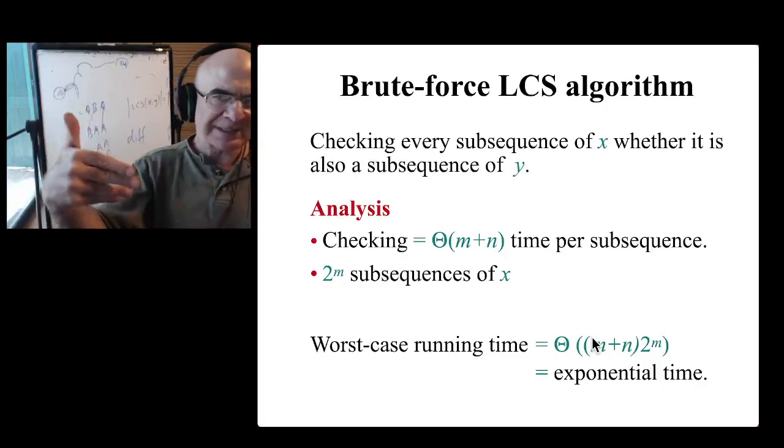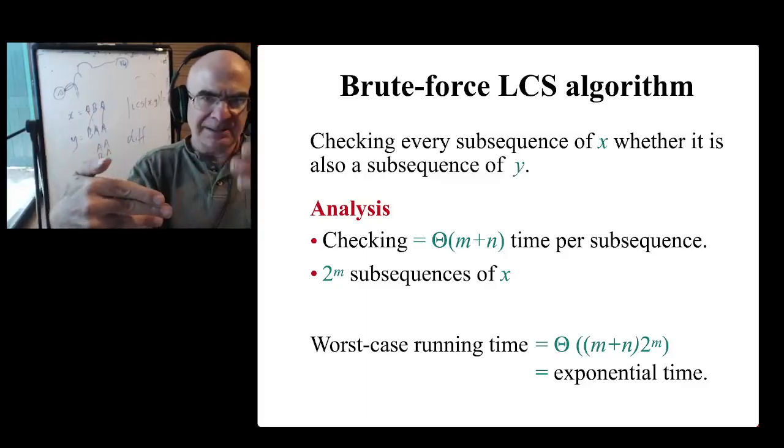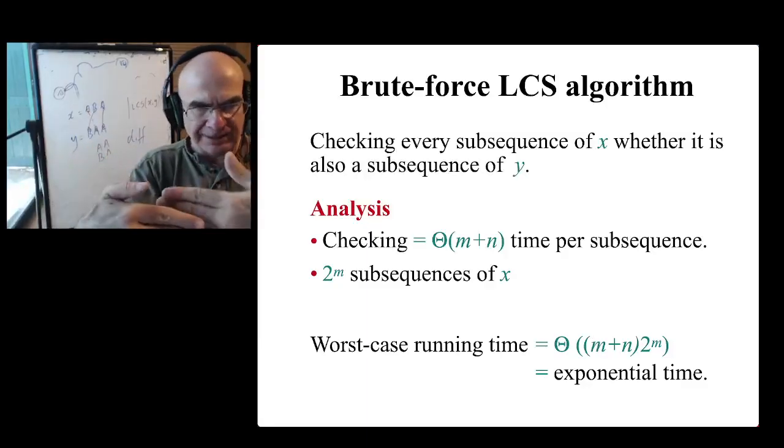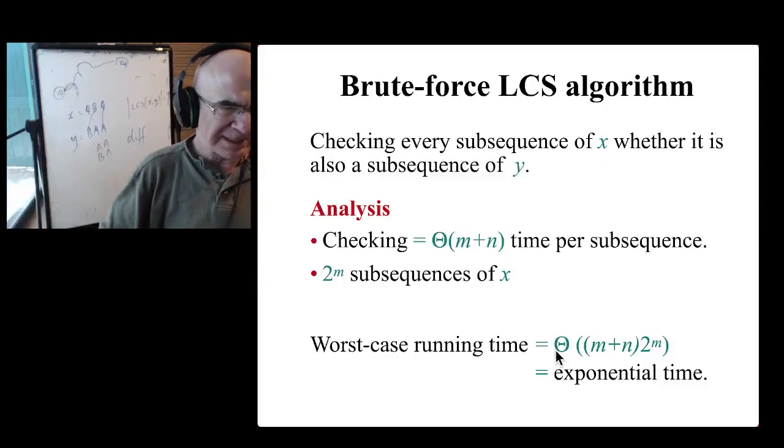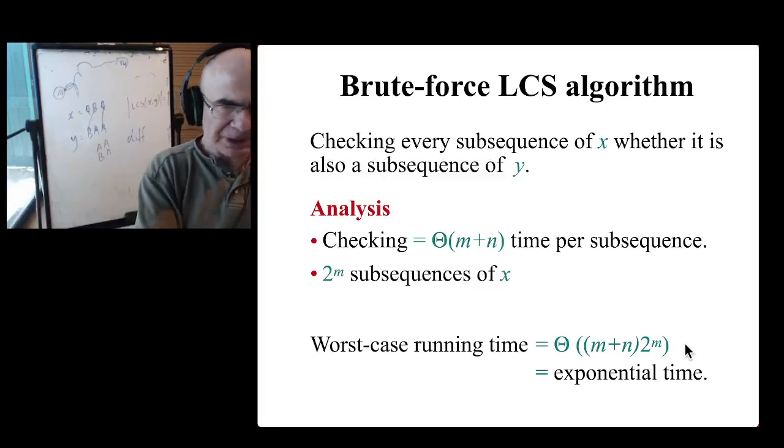Once I give you a subsequence of X and ask, is this also a subsequence of Y, yes or no, that you can do much more efficiently. That takes only linear time, but it still gives us overall exponential running time. So we hope to do something better.